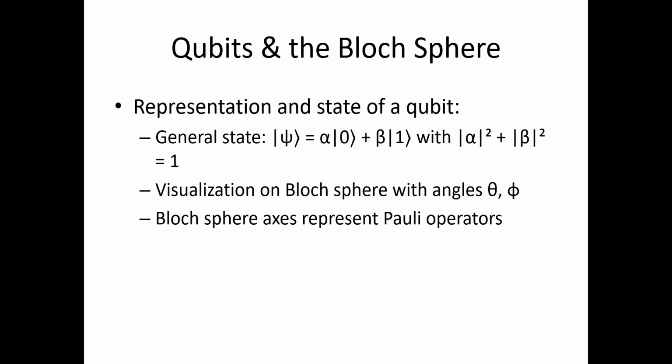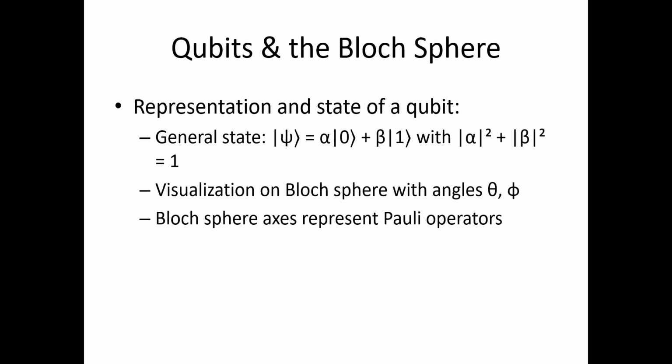The fundamental unit of quantum information is the qubit. Its general state can be described as a linear combination of the basis states 0 and 1, represented as phi. The coefficients alpha and beta are complex numbers, and the sum of their squared magnitudes must equal 1, representing the total probability.